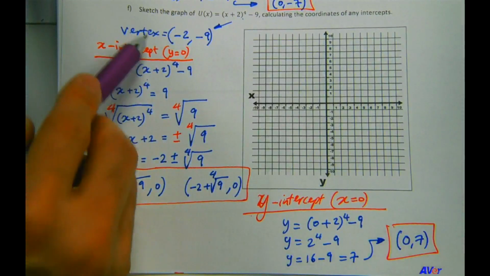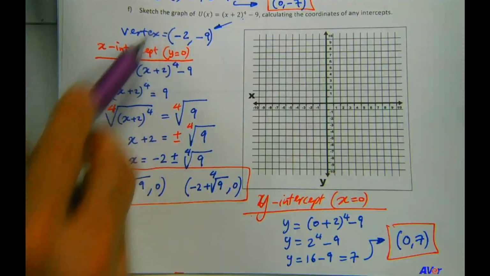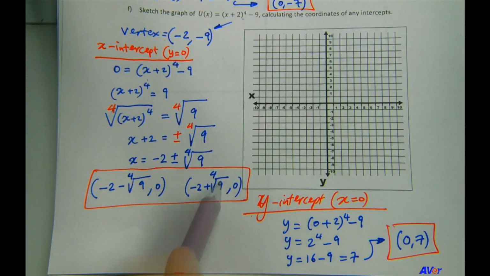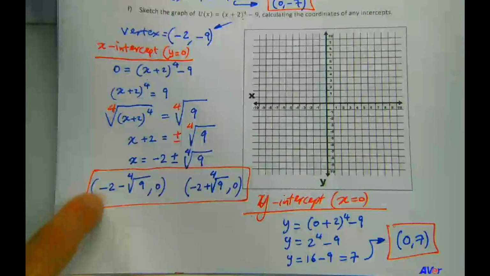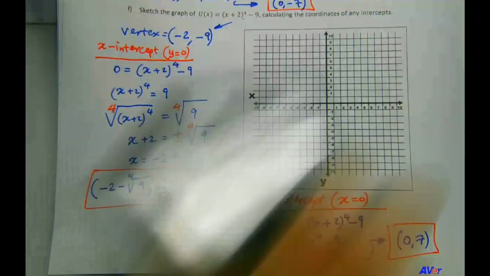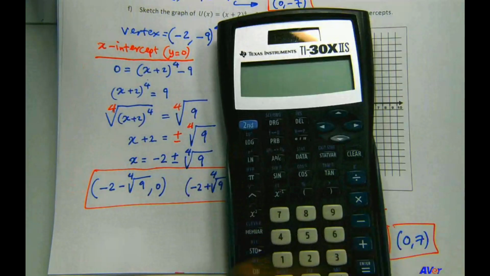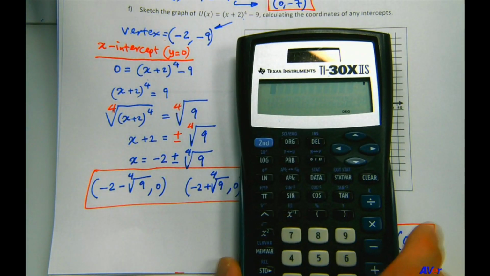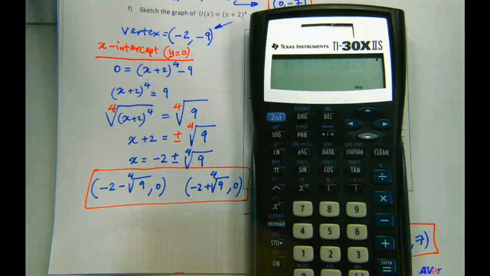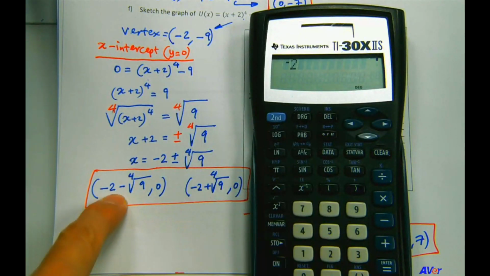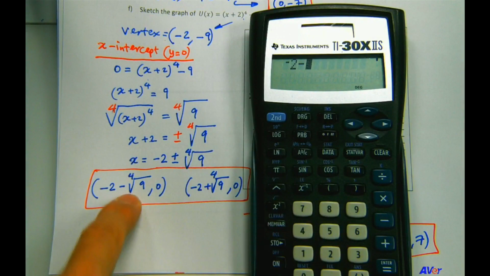So we know what the vertex is. We know the x-intercepts, which look very complicated. I mean, I don't know how to manually do that, but I will figure it out. And then 0 comma 7. So this is simply fourth root of 9, right? So minus 2 minus fourth root of 9. Let's calculate that. So with my calculator here, we should be able to do that. Okay, so minus 2, minus fourth root of 9.